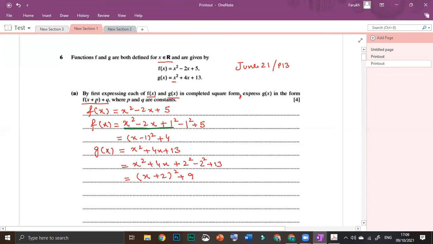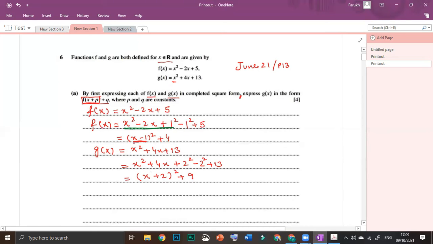Look inside f: something is being added in x, and f of x plus p means that q is being added to y. If we compare f of x and g of x, you can see that if we add 3 at this place, that is x plus 3 minus 1, then we will get x plus 2.